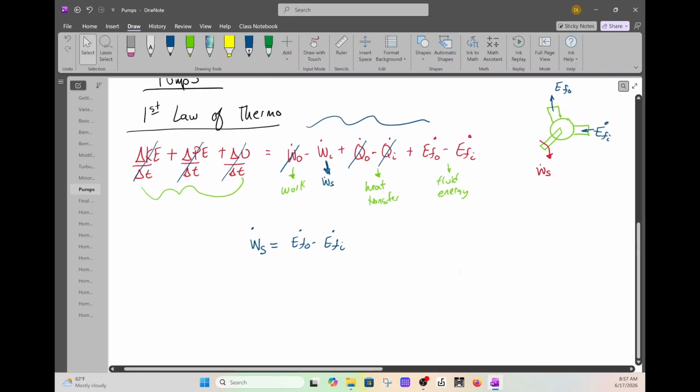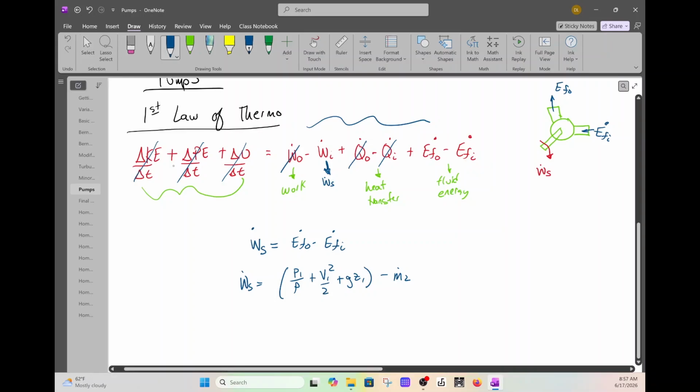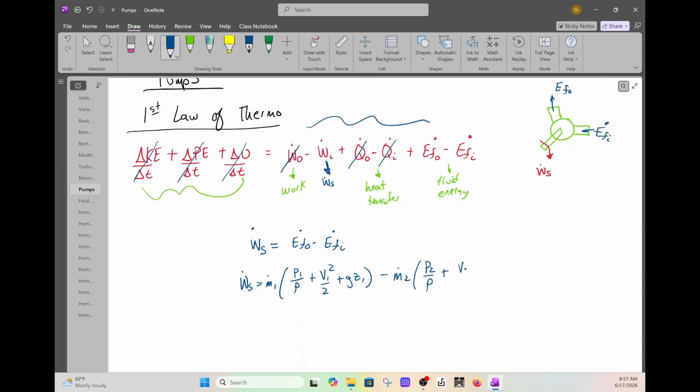Okay, now I'm going to write this W shaft equals M dot, and this is where you have your Bernoulli's equation, okay? Minus M dot 2, oh, we'll call this M dot 1, M dot 2, P2 over rho plus V2 squared over 2 plus GZ2.